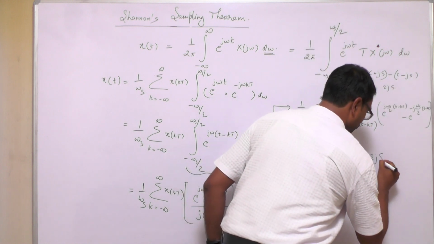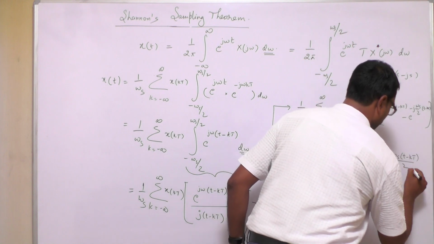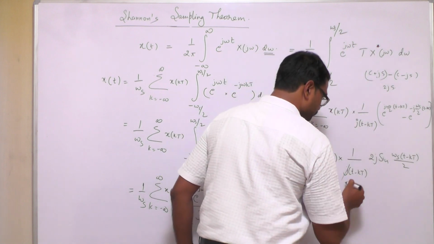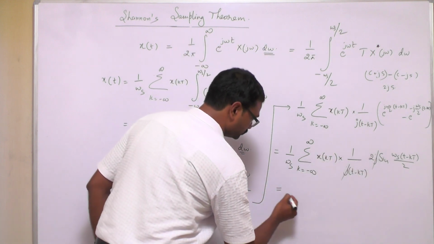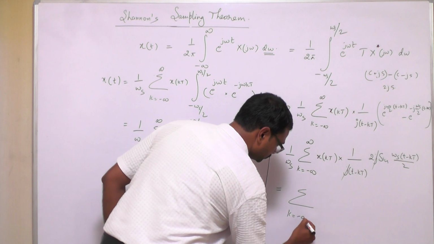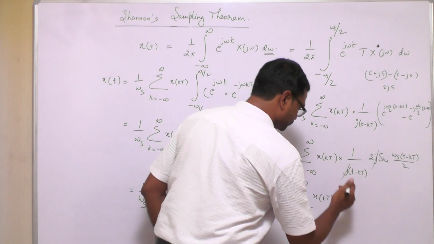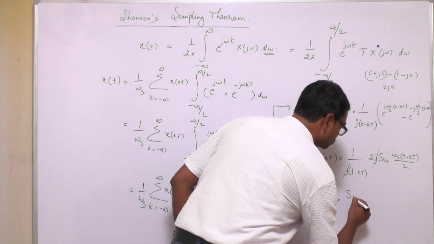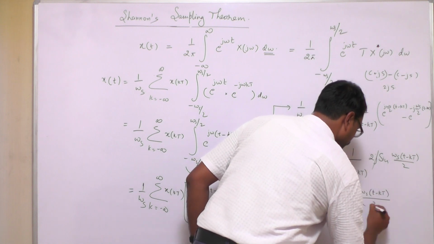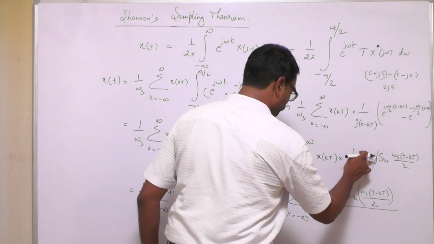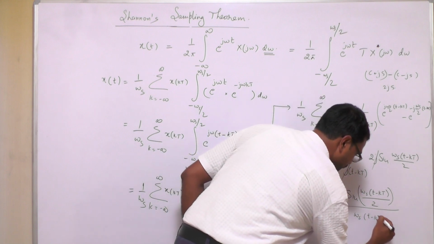So 2j sine omega s t minus kt by 2, and j and j get cancelled, and 2 by omega s. I can also substitute this as sigma from minus infinity to infinity x of kt into sine omega s t minus kt by 2 by, if we bring omega s inside, omega s t minus kt by 2.